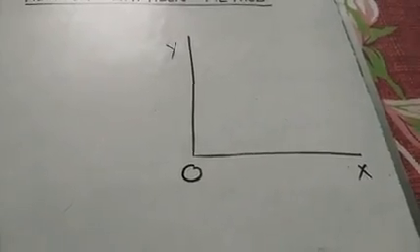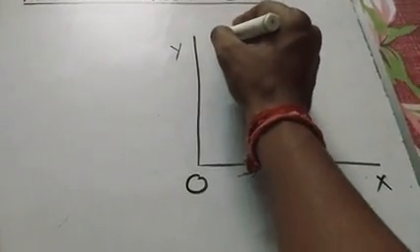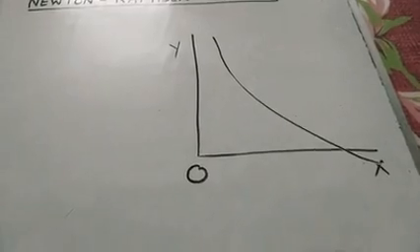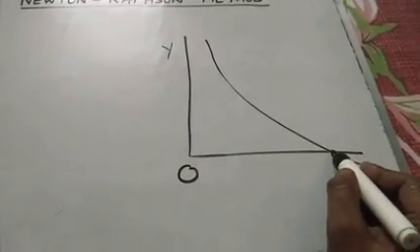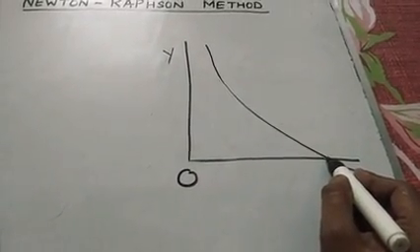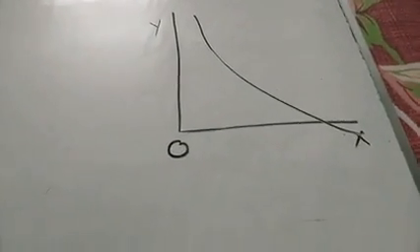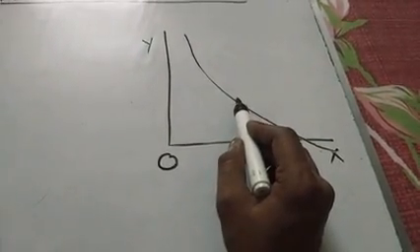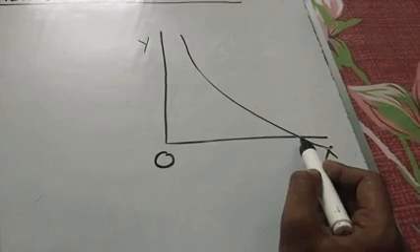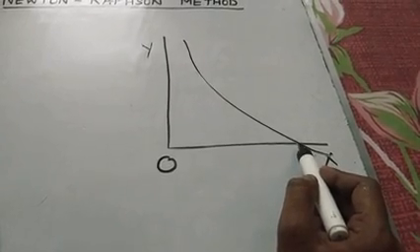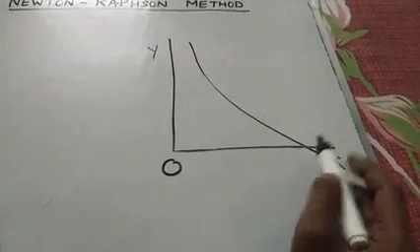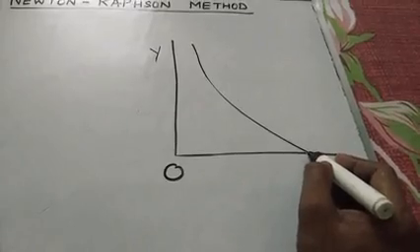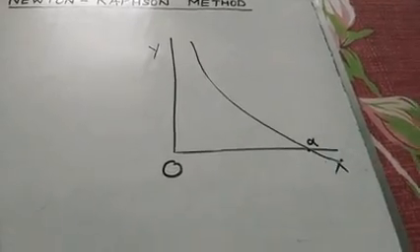And suppose there is a curve which cuts the axis at this particular point. So remember one thing: whenever a curve cuts the axis, the point at which the curve cuts the axis is the required root of the function.